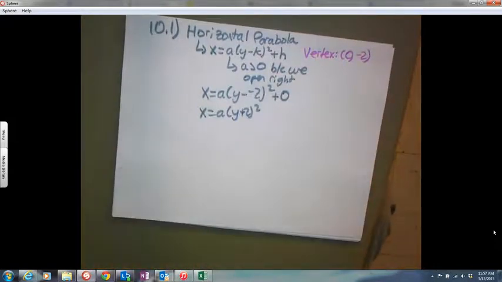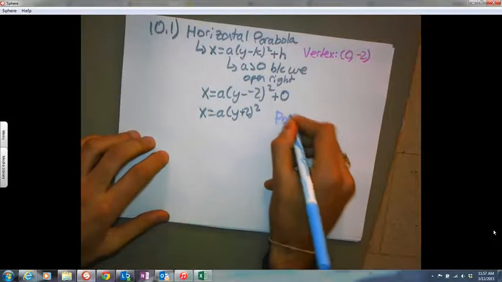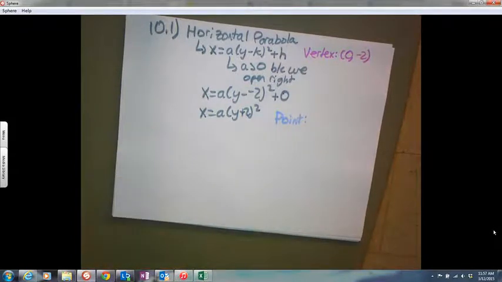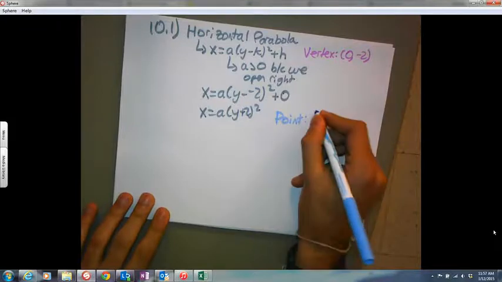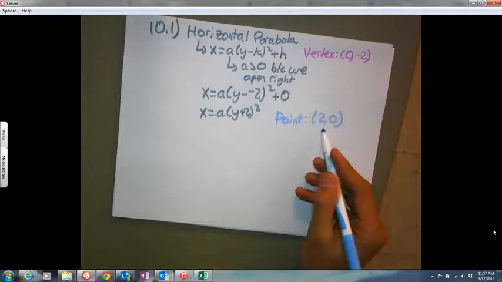So now the only step left is we need to find a. And to do that, we're going to use a point on the parabola. If you look at the parabola, there are infinite points on there, but you want to pick one that is obvious. So if I look at this parabola, there are several obvious points, in other words, ones where you don't have to round, but to me, this is the easiest one. So let's just plug in for x and plug in for y, and we can identify a.